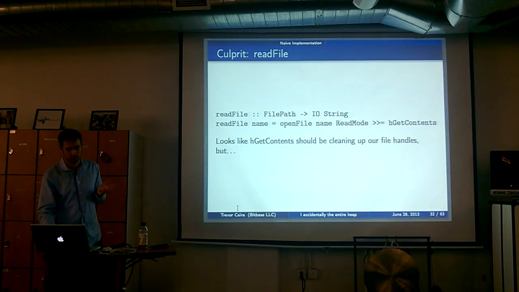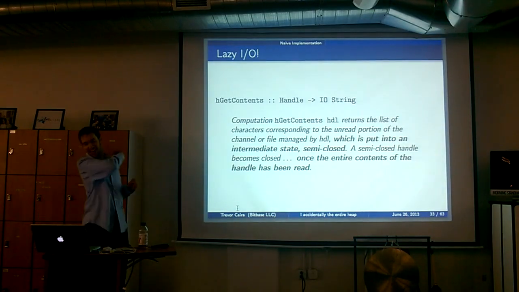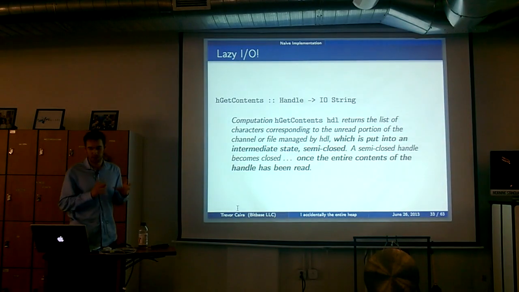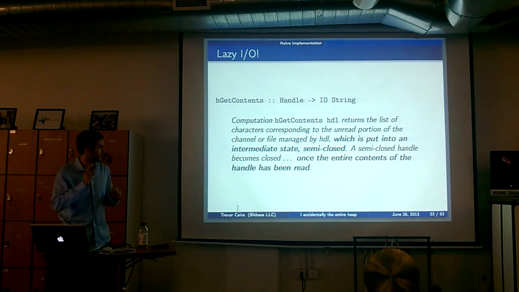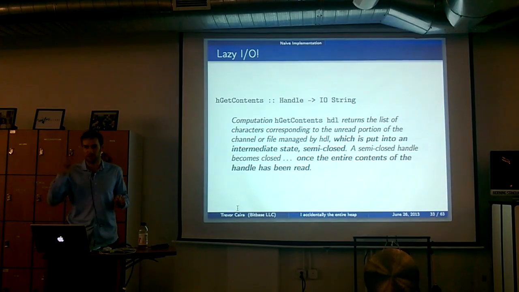All right, time to read the documentation of hGetContents. Aha! Once you pass the handle to hGetContents, it's not open, it's not closed, it's semi-closed. And it's not closed until everything has been read.